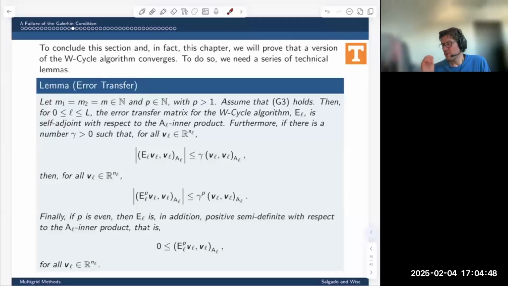So remember, we created these things called the V cycle, the W cycle, and the generic P cycle. And to do that, we had to define a more complicated error transfer matrix, and lots of more complicated stuff.